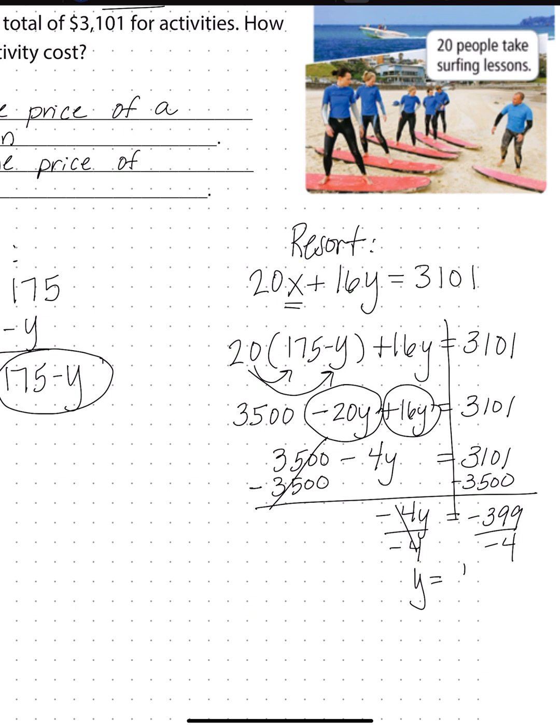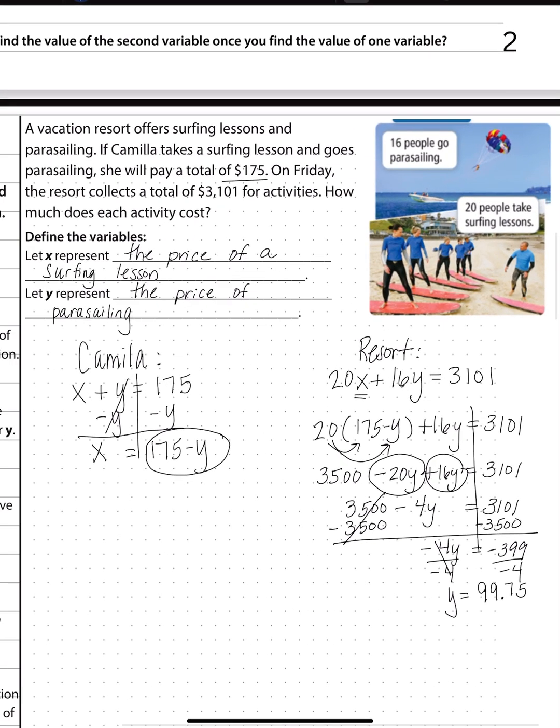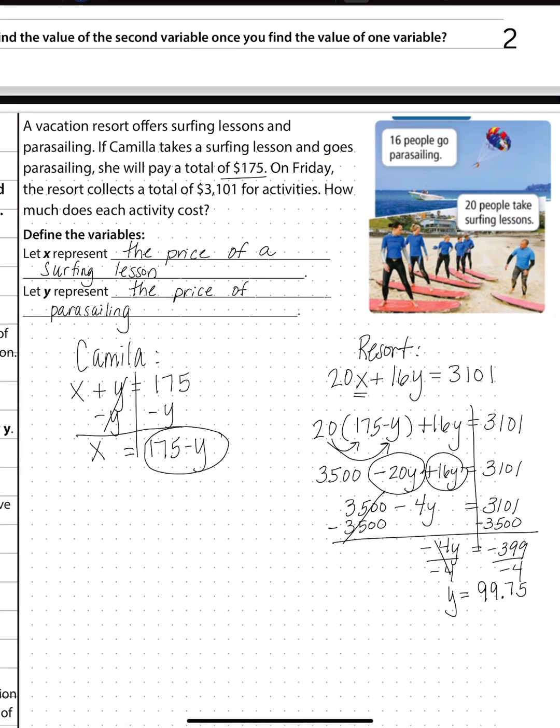And Y equals $99.75. A negative divided by a negative is positive. Since we said that Y is equal to the price of parasailing, we know that parasailing is equal to $99.75.